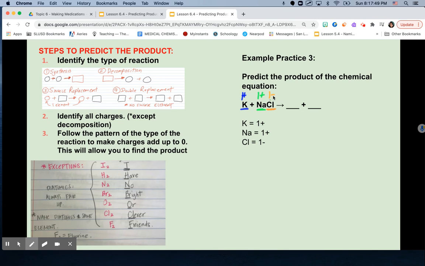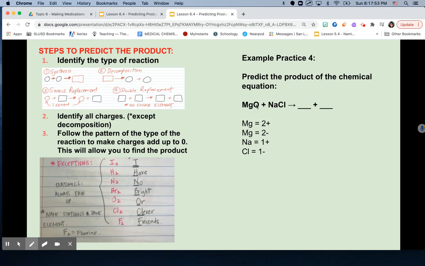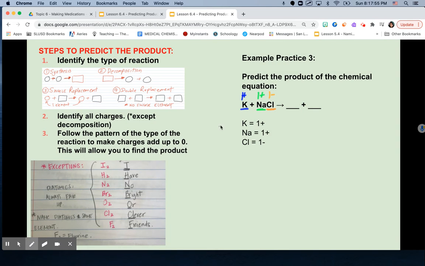So recall that in a single replacement reaction, this single element K is going to break up this couple, Na and Cl, and it's going to steal one of the partners. It's either going to get with Na or it's going to get with Cl and kick one of them out.